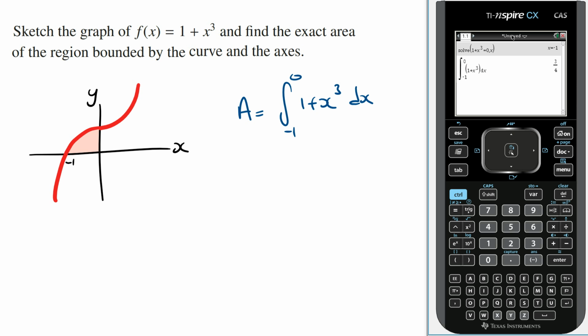And so the area of the bounded region is equal to 3/4 square units for this function.